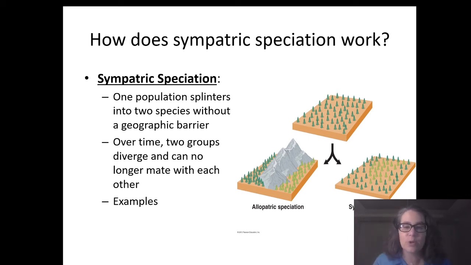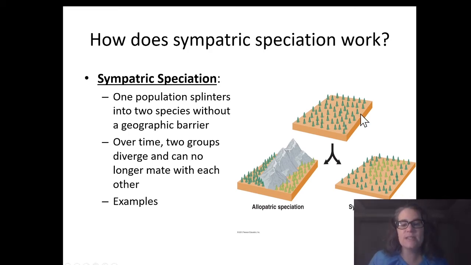And how this can work is sometimes an example of this might be genetics. If this tree species originally has 30 chromosomes, and plants sometimes create polyploids, which is where they create new chromosome numbers based on inheriting a full extra set of chromosomes.